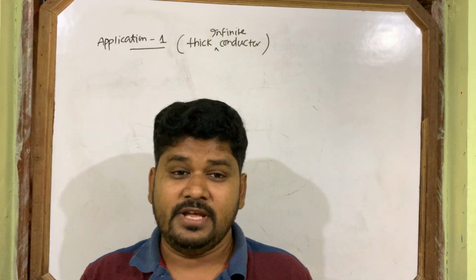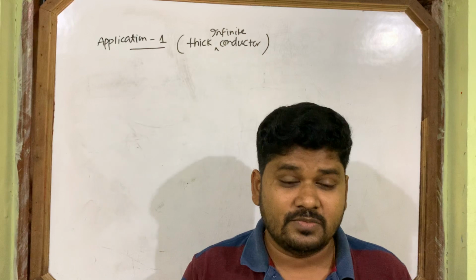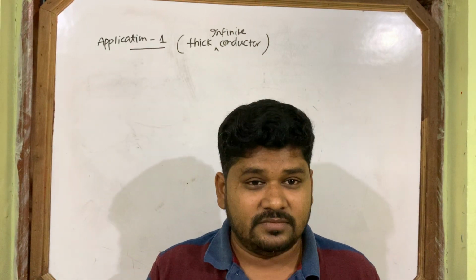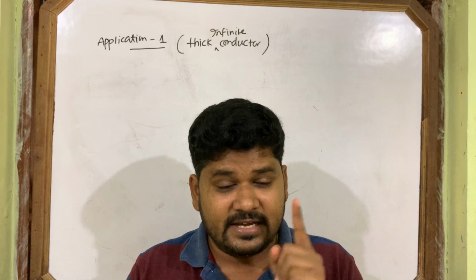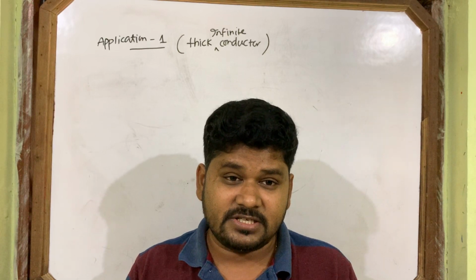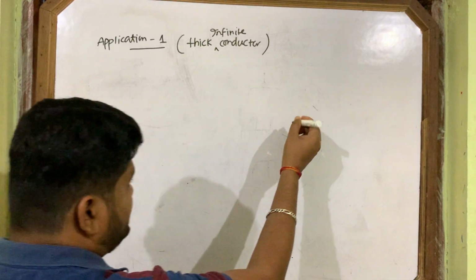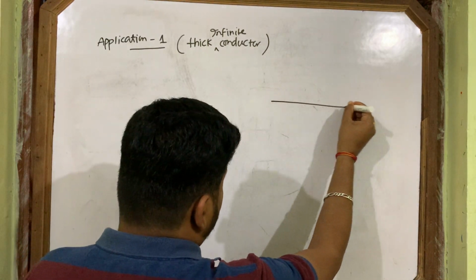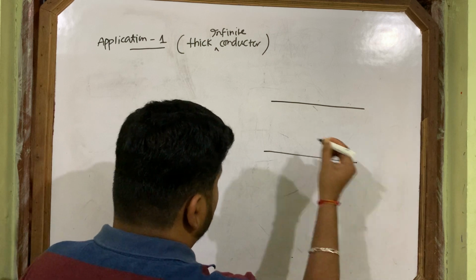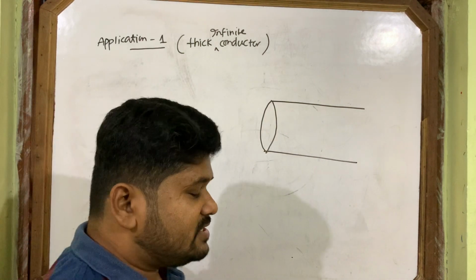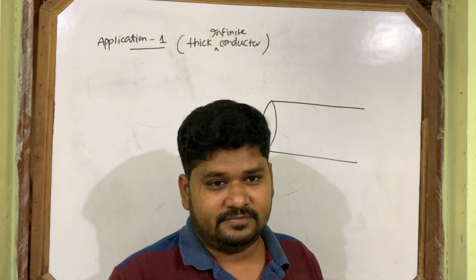Generally, when you think about a conductor, immediately it comes to our mind that it's a very narrow thing in which current passes. But no, here we'll discuss the thickness. Its cross section matters for us. You see, I'm drawing the figure. So this is the conductor, a very thick conductor.